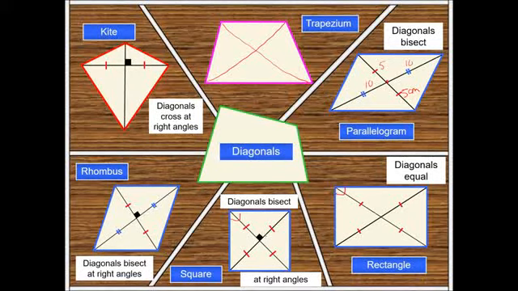So the long diagonal, this one, bisects the shorter one at right angles. So do you see this kite always just wants to be different to the others, which is fine. I call these four parallelograms, these four shapes, the famous four, because they share four characteristics, namely opposite sides are equal and parallel, opposite angles are equal, and the diagonals bisect each other.